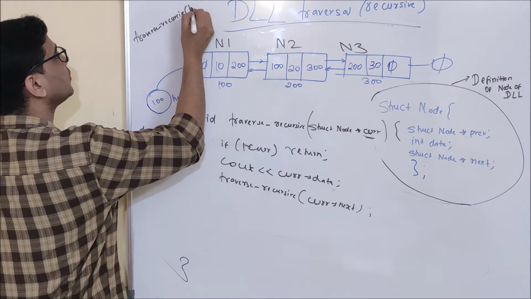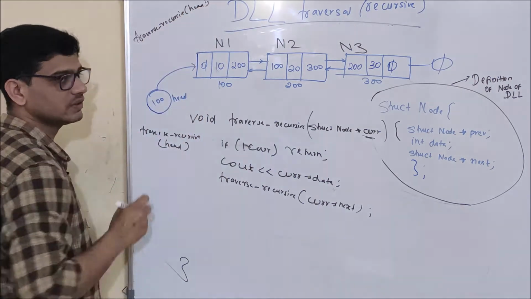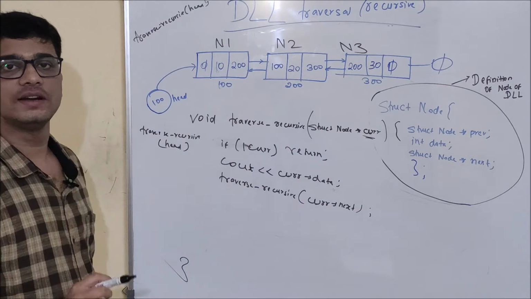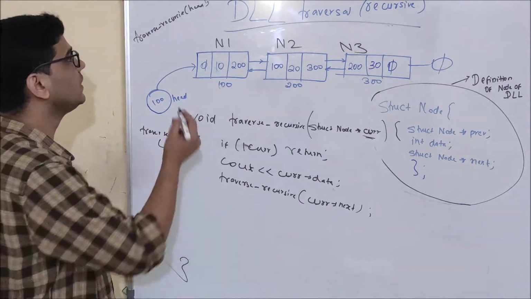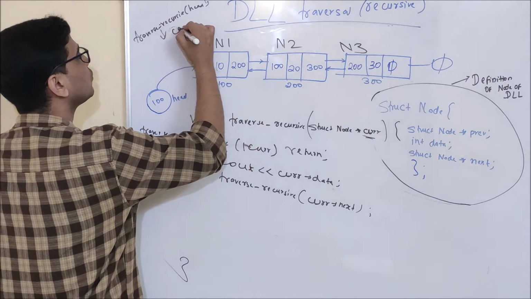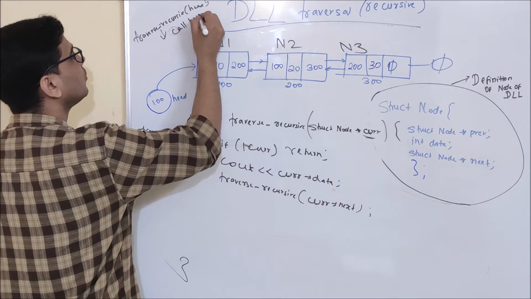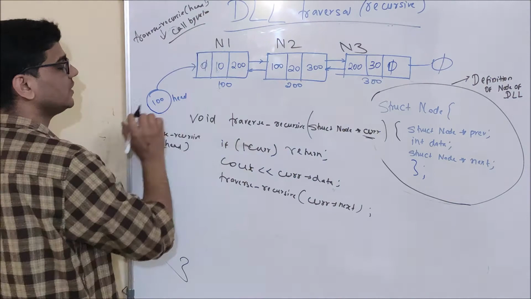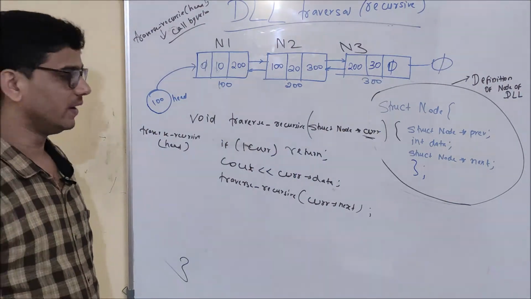And note one thing, we are not passing it by reference, we are passing it by value, that is call by value. So this head pointer will not be modified.